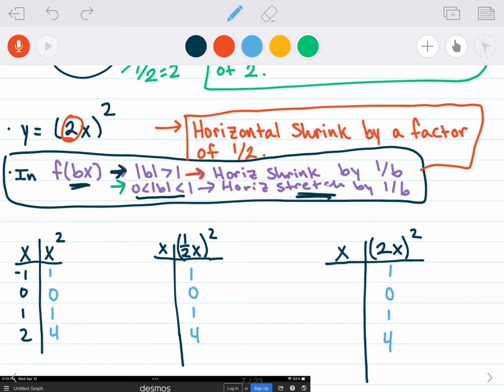So in this case, the first input is -1 times the stretch factor, which is 2 over 1, 2. So that's just equal to -2. Let's do this. -1 times 2 is -2. So when I have an input of -2, I have an output of 1 in the function 1/2 x squared.